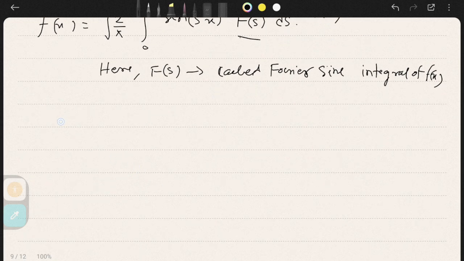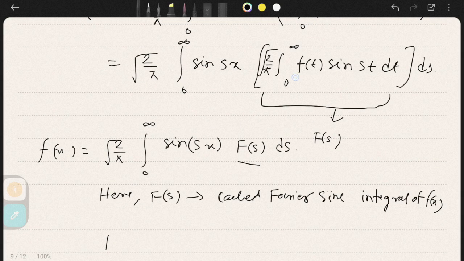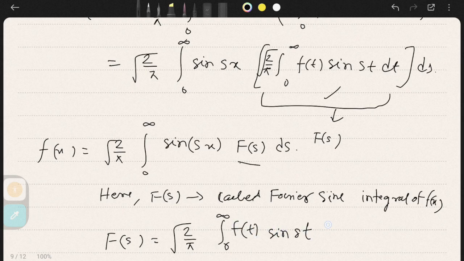So now, yeah, that's it. F(s) is nothing but this. Let me write it clearly. If you are given a function, let's say f(x) or g(x), and you are asked to find the Fourier sine transform, you just use this formula that I'm writing here, dt.